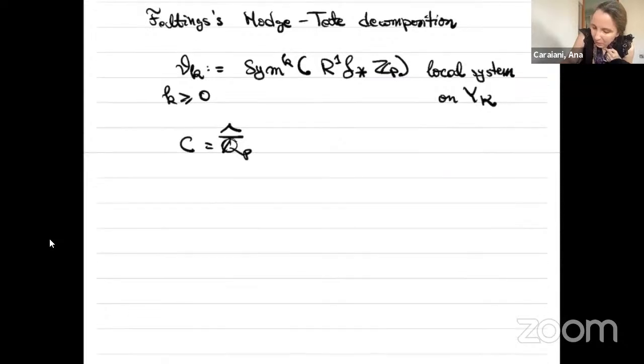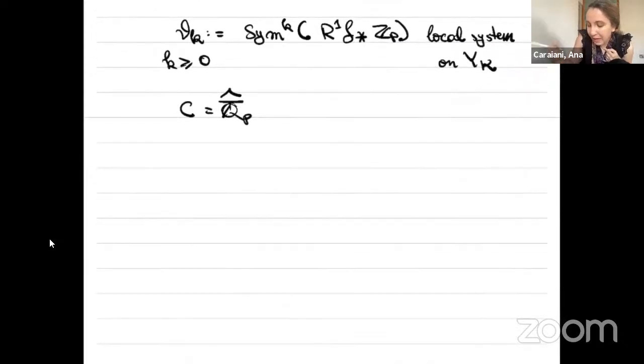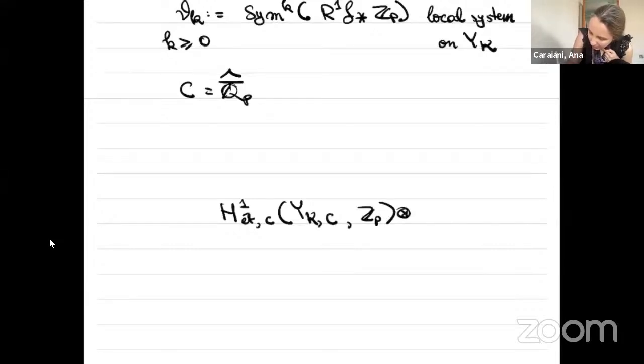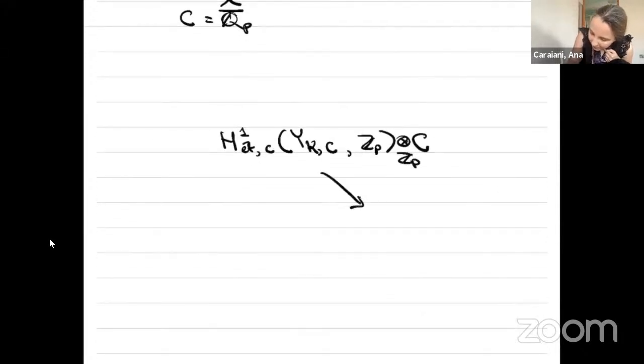So then Faltings's Hodge-Tate decomposition is going to relate the étale cohomology of Y_K with two spaces of coherent cohomology. So let's see, H^1_et. I'm going to look at cohomology with compact support because I'm interested in understanding cusp forms of Y_K, base changed to this perfectoid field C. And here I extend the scalars to C. So this admits a decomposition, first a short exact sequence, and then this short exact sequence has a canonical splitting.